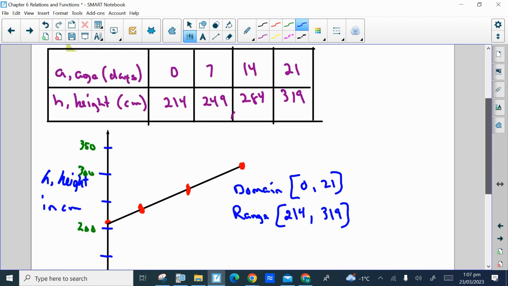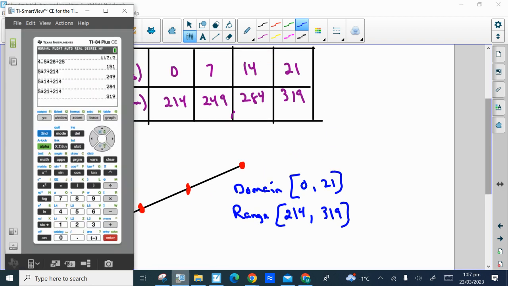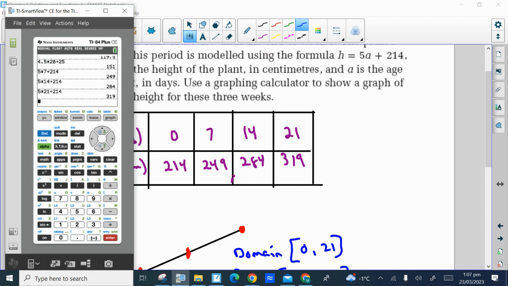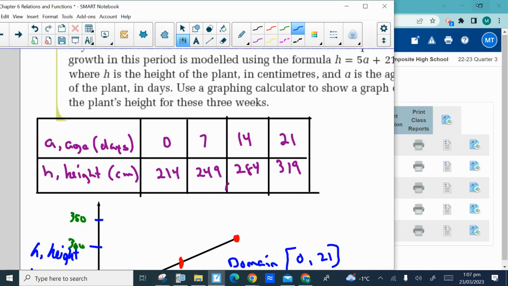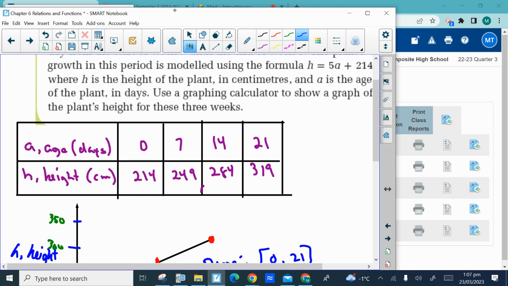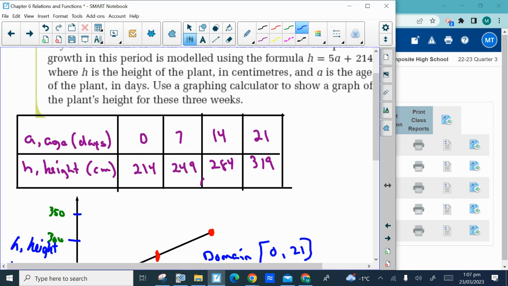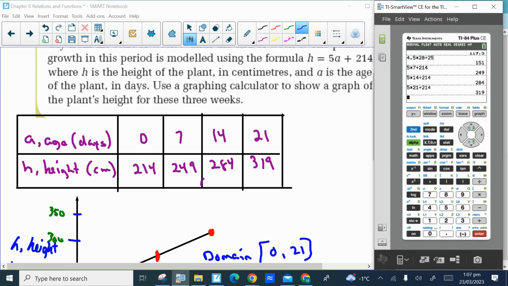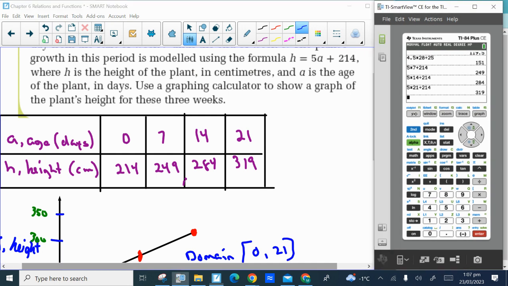And as I said, we could also use our graphing calculator as a check. So I have my equation, y equals 5x plus 214.